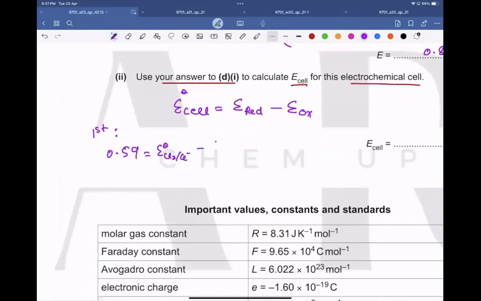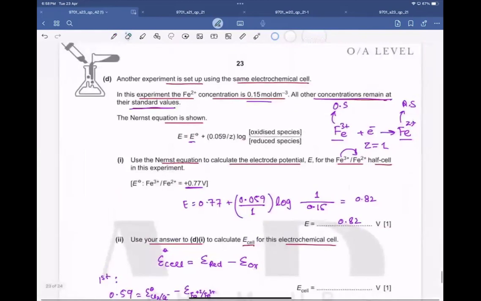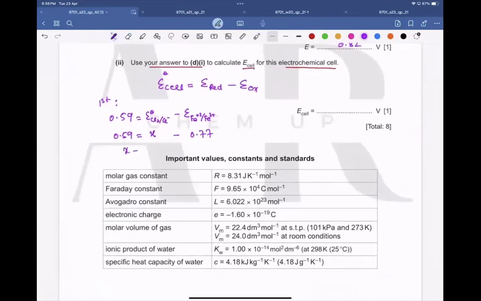The half cell which undergoes oxidation is Fe2+, Fe3+, right? Under standard conditions its value is 0.77, right? So from here, we get the standard electrode potential value of chlorine.